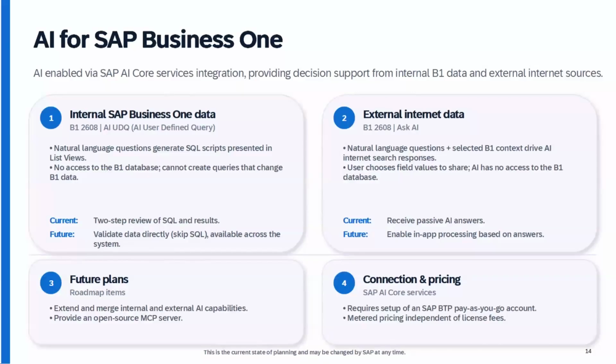Okay, with that in mind, what is our vision for the applications within the web client? What we've shown you today, first of all, in section 1 over here, is how to access internal SAP Business One database data, and we do that using the AI UDQ. At the moment, there is a two-step process.